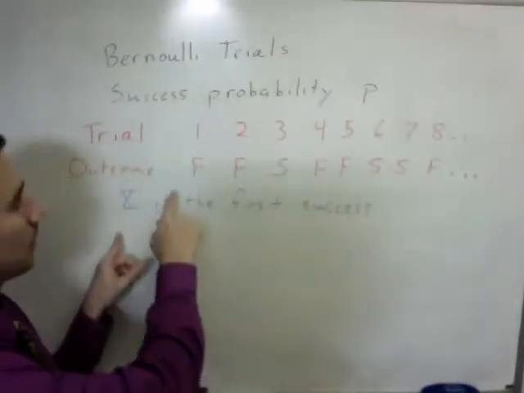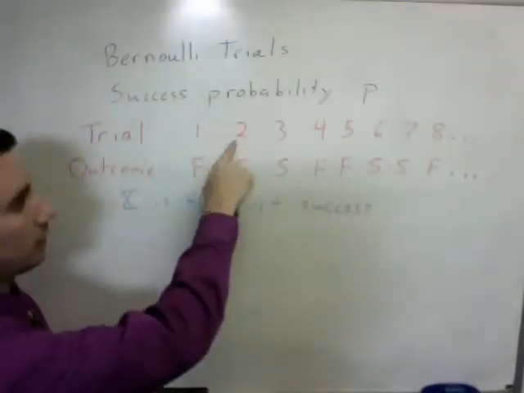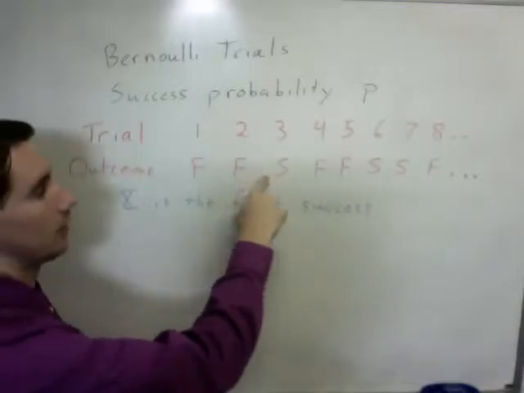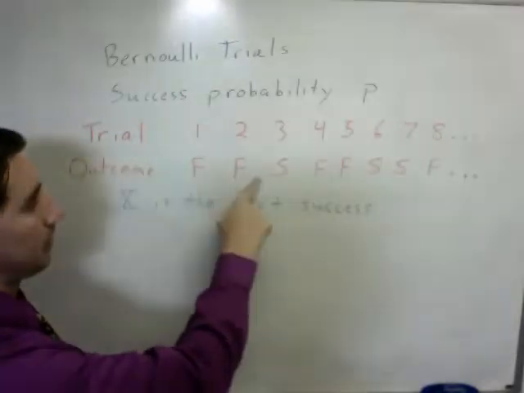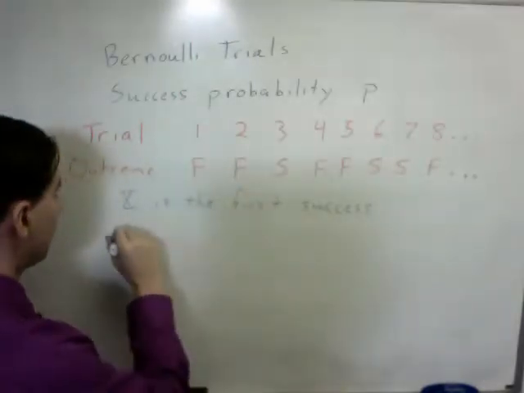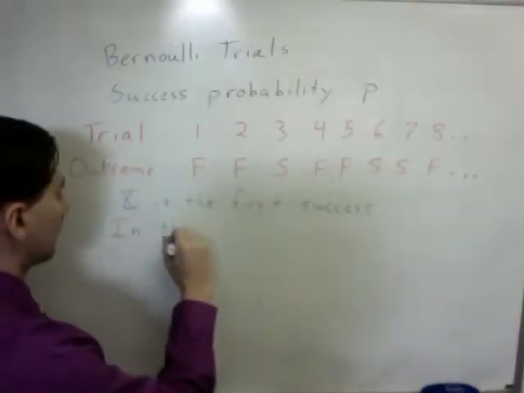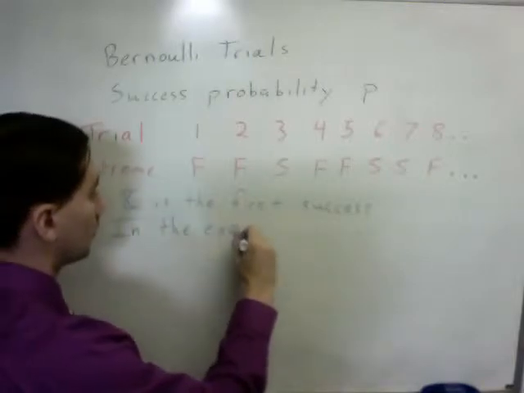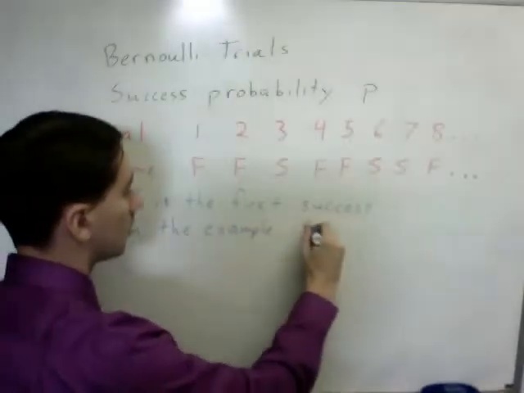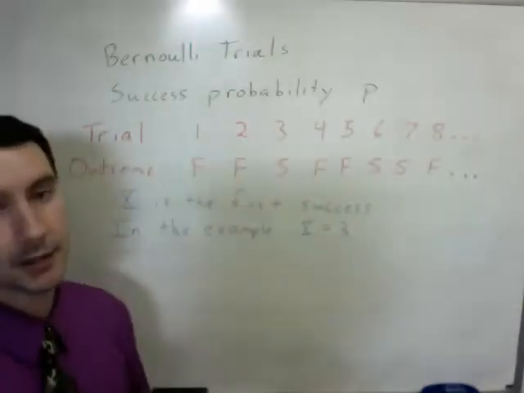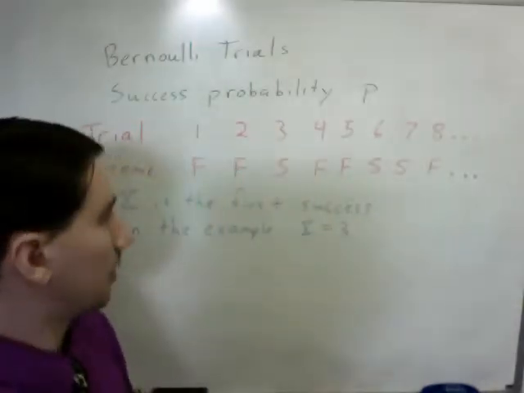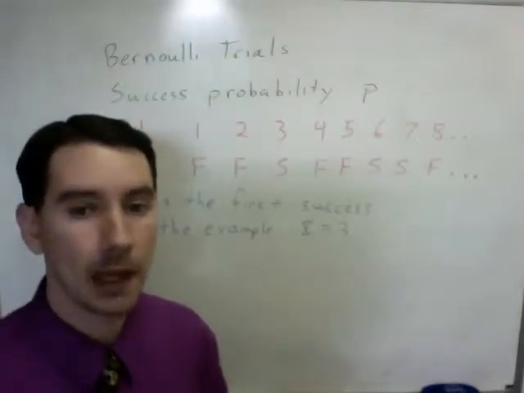In this example, trial 1 fails, trial 2 fails, trial 3 succeeds, 4 fails, 5 fails, 6 succeeds, and so on. And so in this example, x would equal 3, because trial 3 is the first trial that we got a success. So how many trials do we need to get one success?